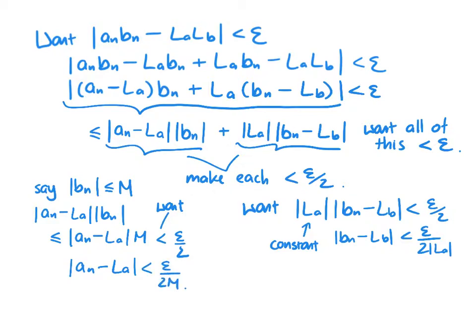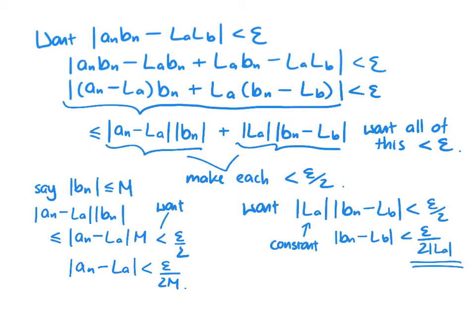And we can force this to happen as well, right? Because again, a_n converges to L_a, meaning that we can make that difference as small as we want, including smaller than epsilon over 2 times M. Again, M is a constant here, that's fixed. So this is what we want to happen. There should be some point in the sequence b_n where we can go out far enough so that we're less than epsilon over 2 times the absolute value of L_a.